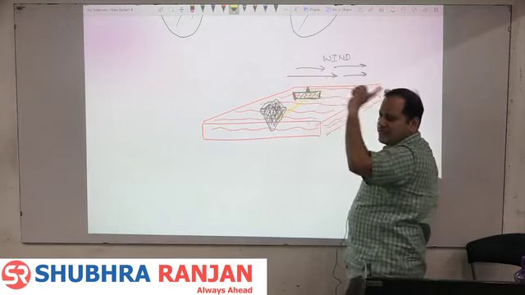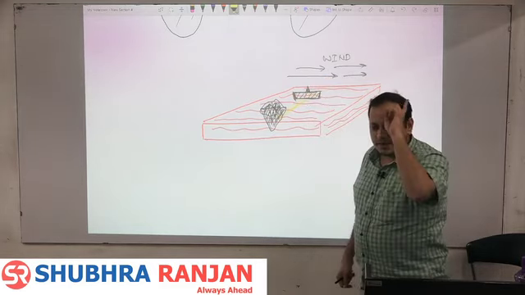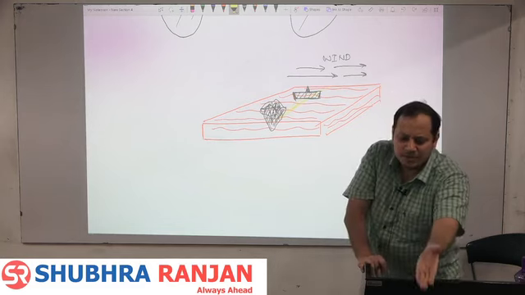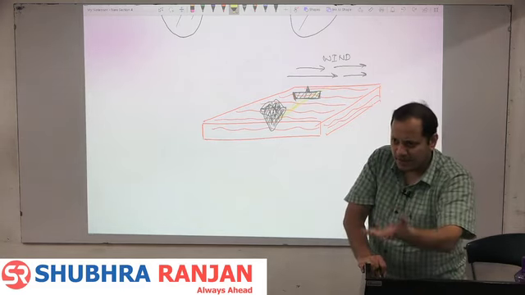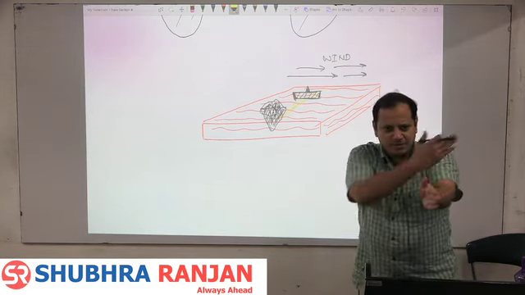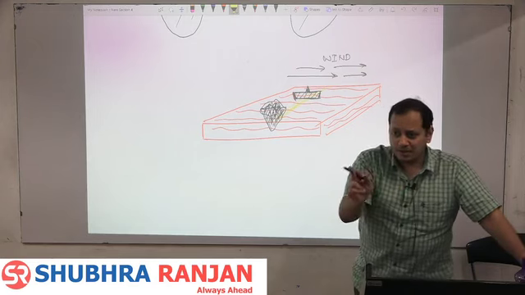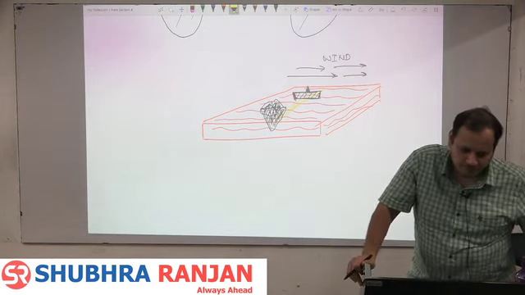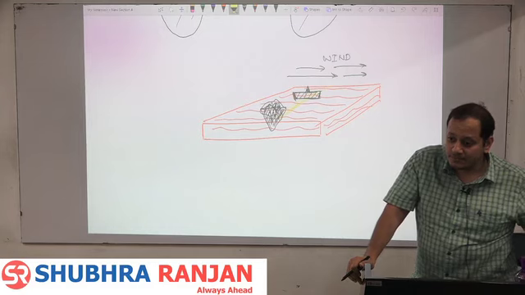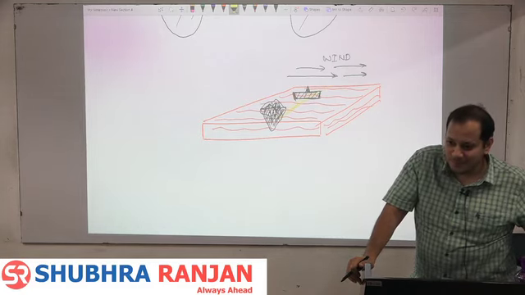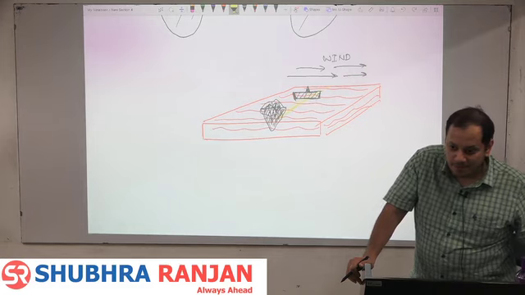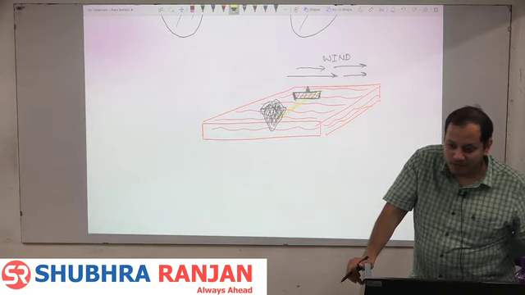So in which direction the iceberg is going to come depends upon the direction of the wind, perpendicular to it, because nobody is going to see the ocean current, they will always see the direction of the wind, and perpendicular to it the icebergs will always come. Getting it? That is what we are going to study, why so? That is the Ekman's spiral. One will look at ocean currents like this.